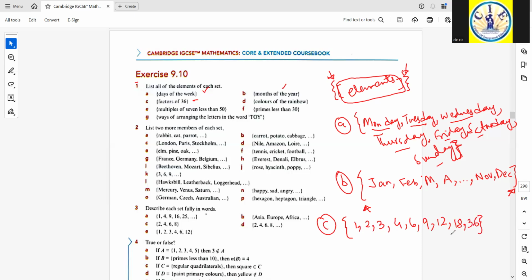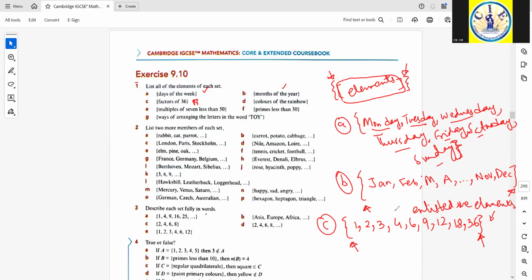So all these represent this set. This set contains the factors of 36. So we have listed the elements like this. These brackets represent that set, and whatever is contained within these brackets are the elements of this set.